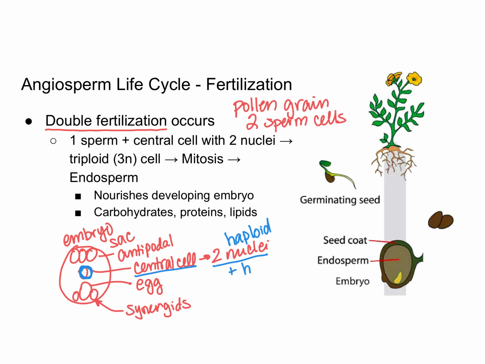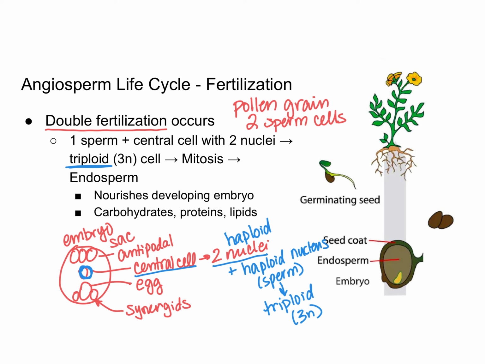So we're going to have 2 haploid nuclei already there, plus a haploid nucleus from the sperm. And what we ultimately end up with is a triploid cell. And what this means is that this cell has 3 sets of chromosomes.